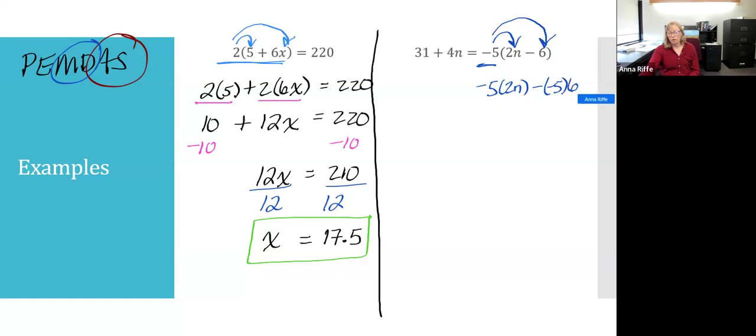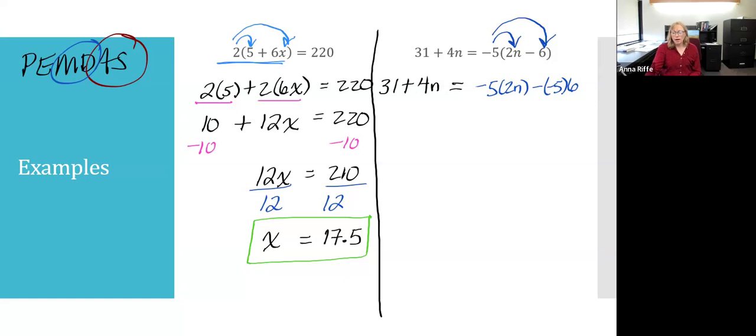Or you could say plus -5 times a -6. Either of those should get you the correct answer. Okay. And then I can write the left-hand side as is, 31 plus 4n. There are no parentheses on the left-hand side, so I'm not going to distribute.